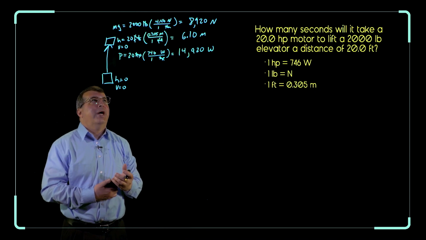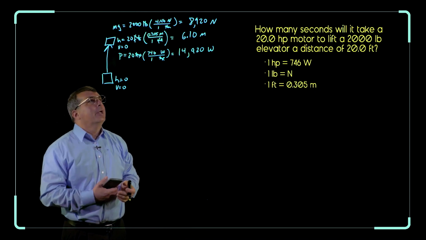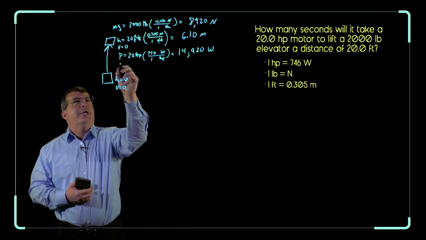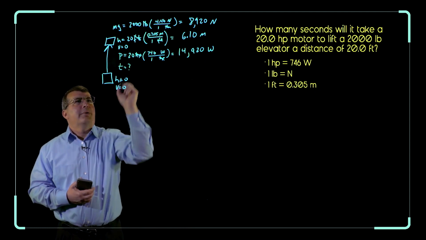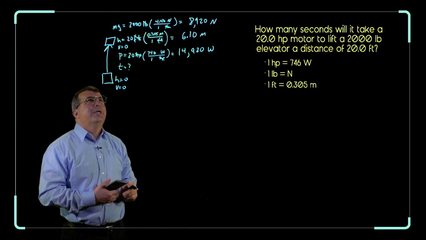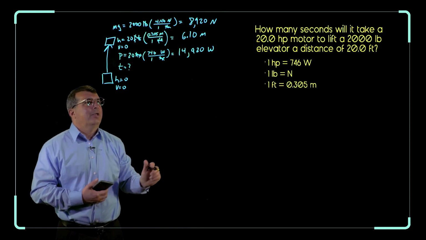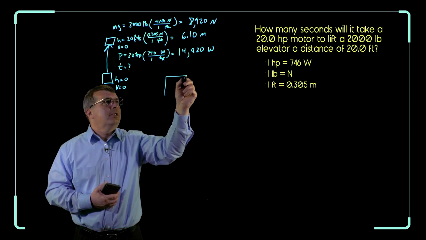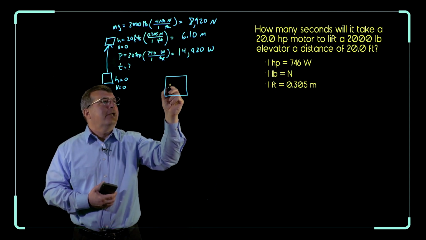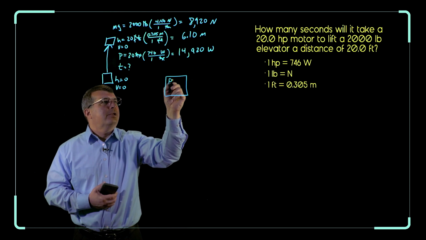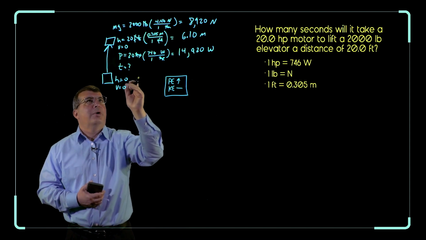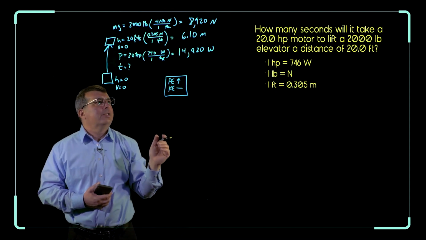Okay, so now we've gotten everything from our question statement, and actually we have not. There we go. We want to know the time. So now we've gotten everything there. Let's look at the energy. The energy situation is just like we had last time. The potential energy increases, kinetic energy stays the same because it started at rest and it ended at rest.